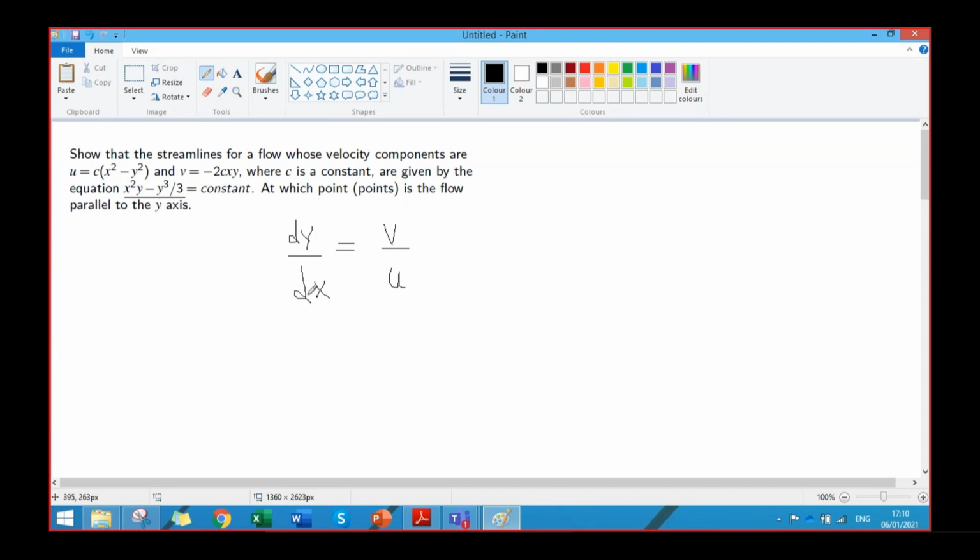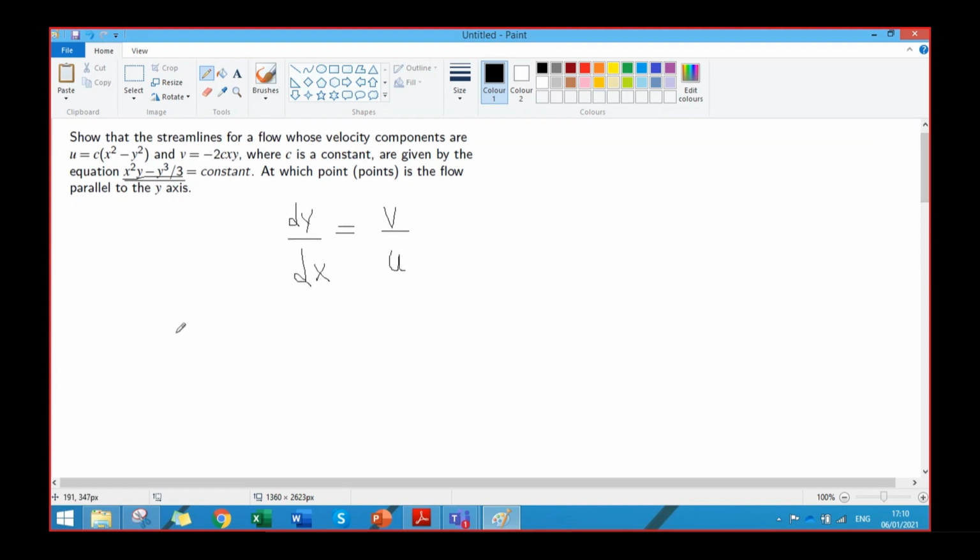You can use this equation to calculate dy by dx. If you want to calculate u from this equation, you will differentiate it, d by dx of this equation, with respect to x. If this is equivalent to u, this will be your equation for the streamline having the velocity component u, right?